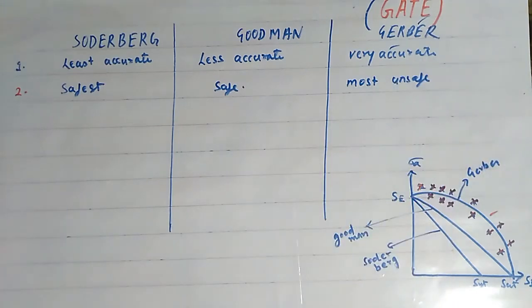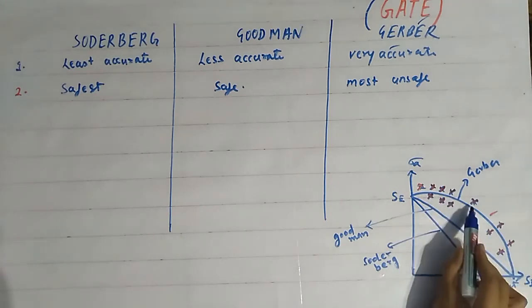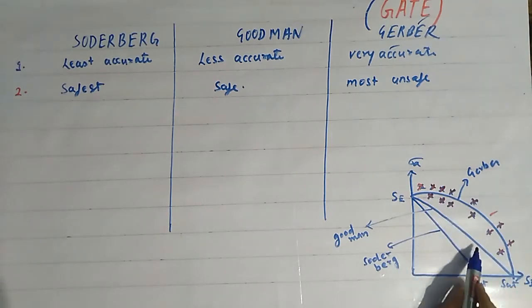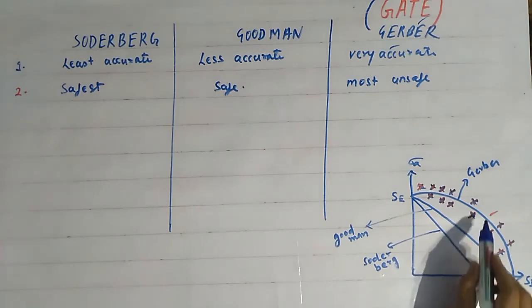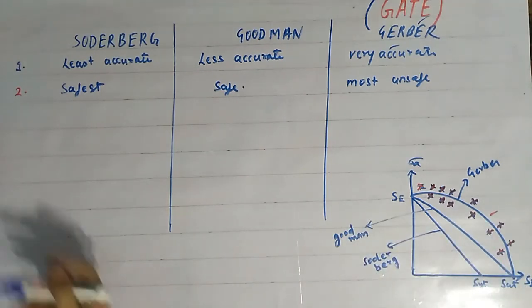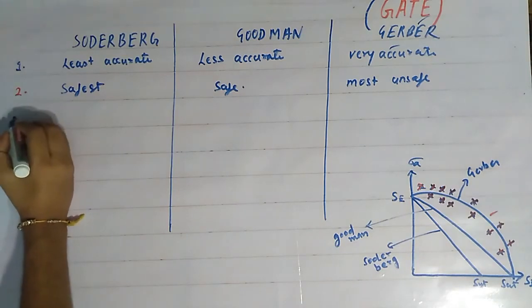Why is it so? Because the Gerber curve is lying closer to the failure point as compared to the Goodman line and Soderbergh line, and the Soderbergh line is lying far away from the failure point. That is the reason for the safeness of this criteria.